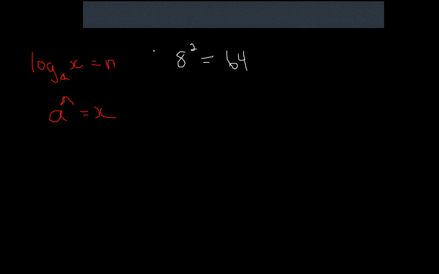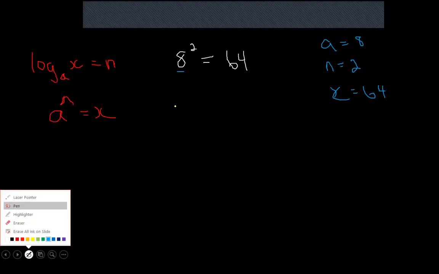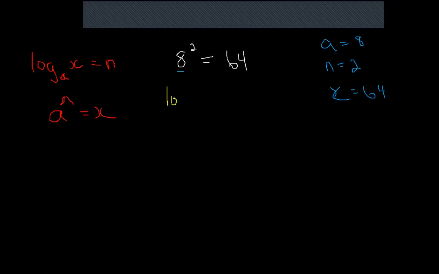So I said a would be 8. So let me just write it to the side here. a is equal to 8. n, which is the power, would be equal to 2. And then x, which is the number, is 64 in this case. So looking at the log form, it says to write this in the log form, it's log of x.